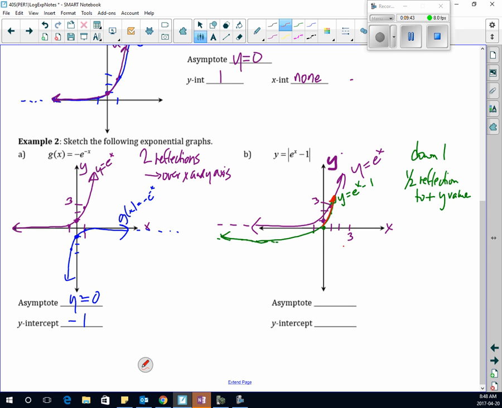And after this, what happens to this asymptote? It's going to get reflected, so where's my new one? It's at +1. And how is this going to work? It's going to hit the 0, and then it's going to go like that. Isn't that kind of a cool looking graph?